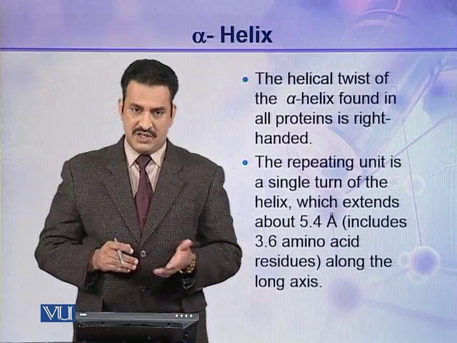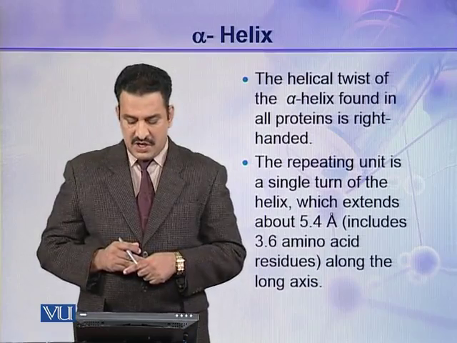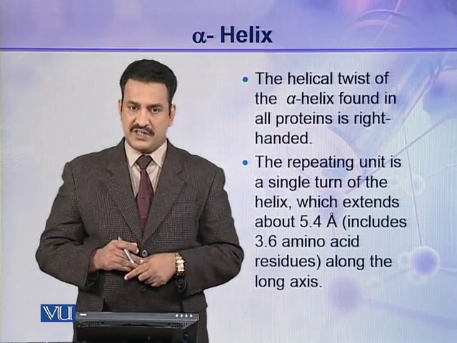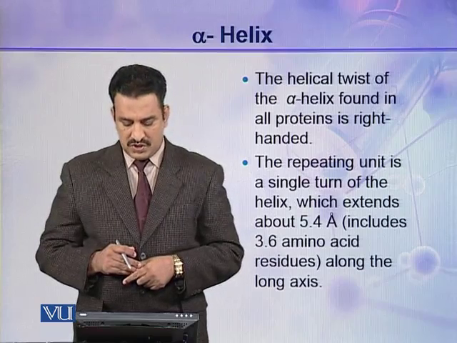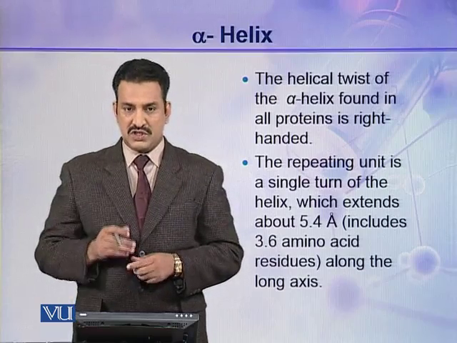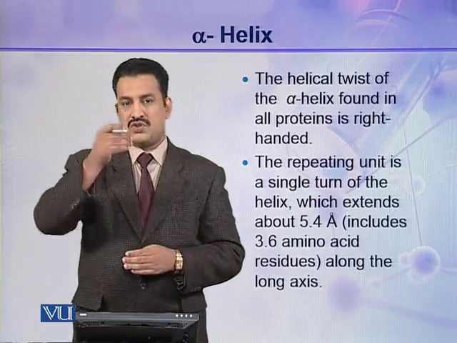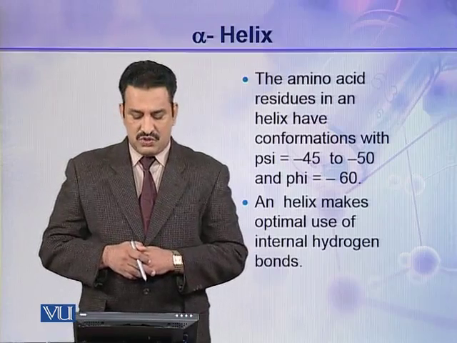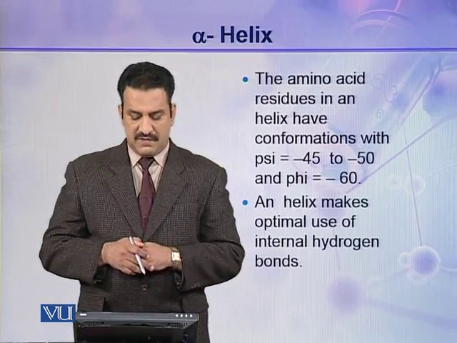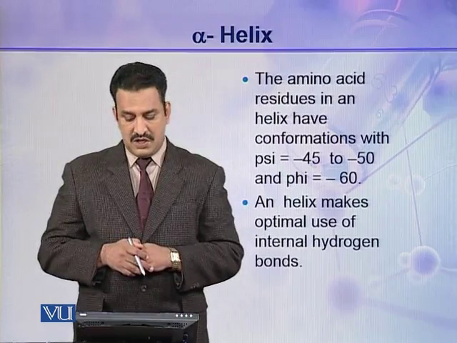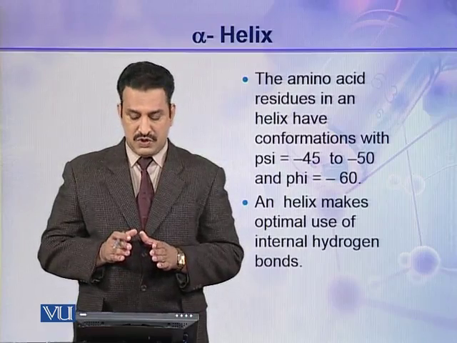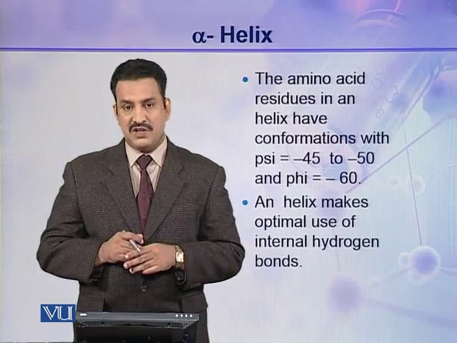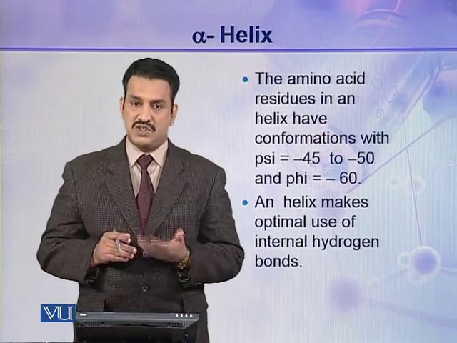The repeating unit, as you saw in the last slide, is a single turn of the helix which extends about 5.4 angstroms and includes about 3.6 amino acids along the long axis of the helix. The amino acid residues in an alpha helix have conformations with psi values ranging between -45 to -50 and phi values of about -60.